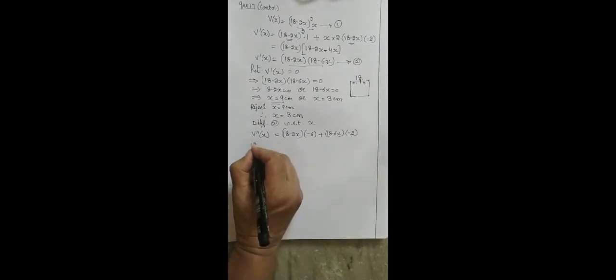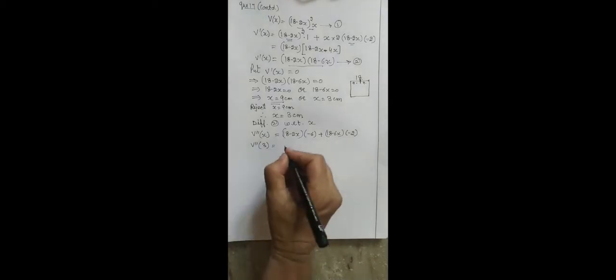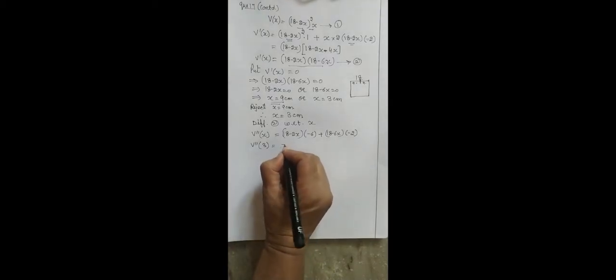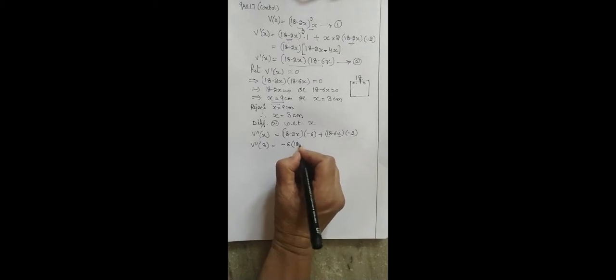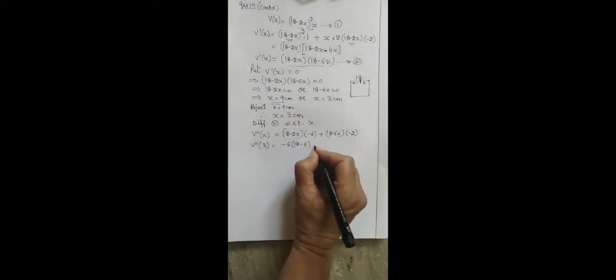Now simply substitute the value of x here, that is 3, because I have to find the value of the double derivative at x equal to 3. So this becomes -6 into (18 - 3 twos are 6). Then again -2 into (18 - 6 threes are 18).